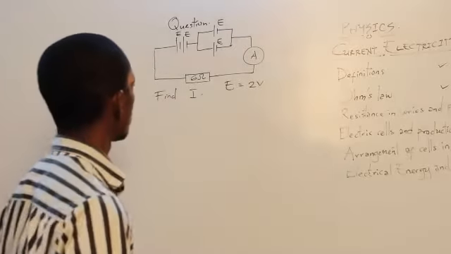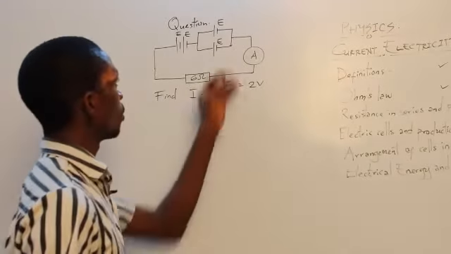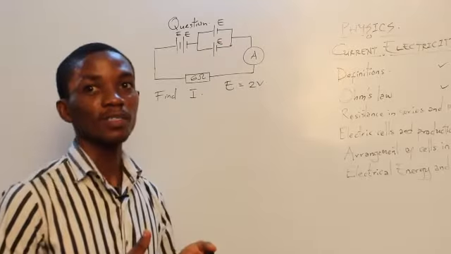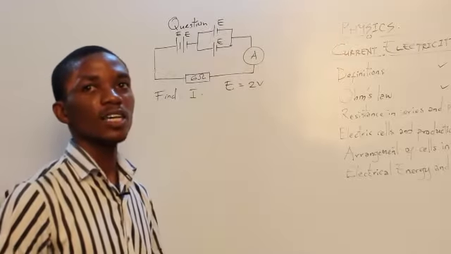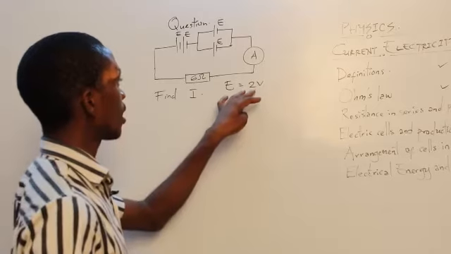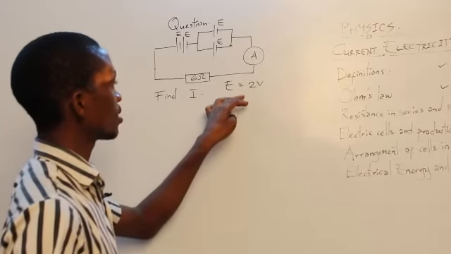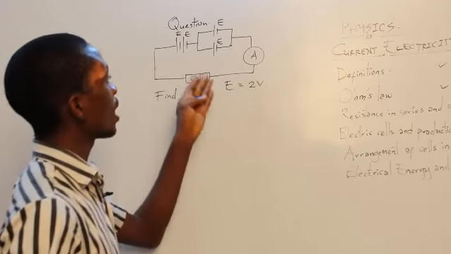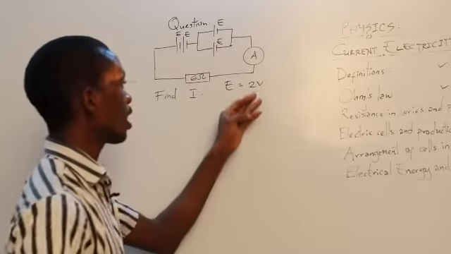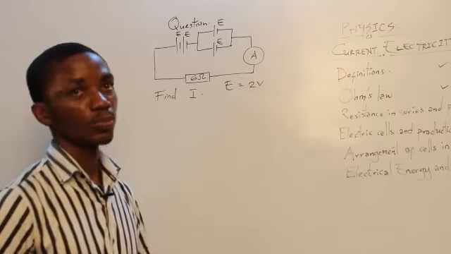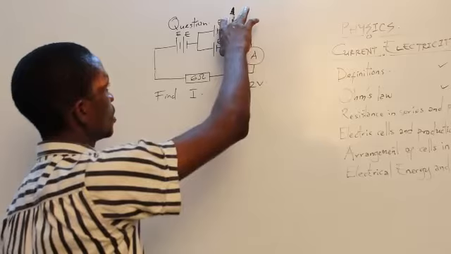Okay, let's start. The first thing to do is, I always like to solve the hard part first, that is resolving these EMFs. We're told that all our voltage, that is all our EMFs or potential differences, are 2 volts. So I'd like to resolve this one first.